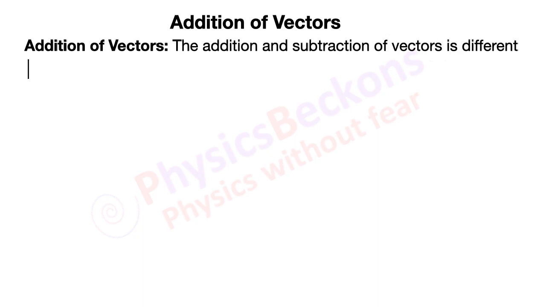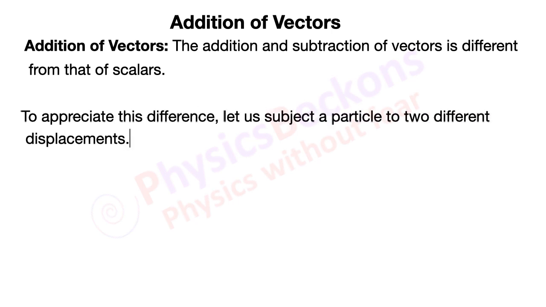Now we go to addition of vectors. Addition and subtraction of vectors is different from that of scalar addition. In order to appreciate the difference, let us subject a particle to two different displacements.